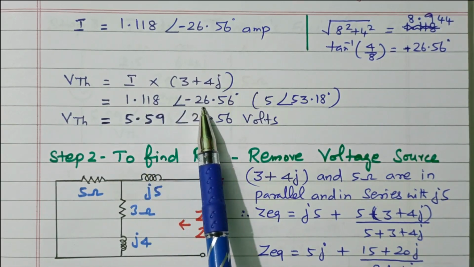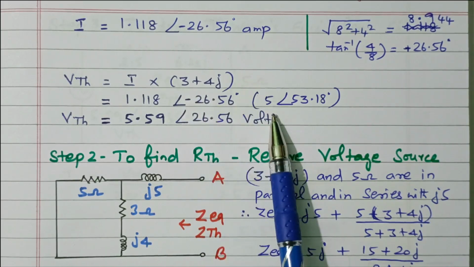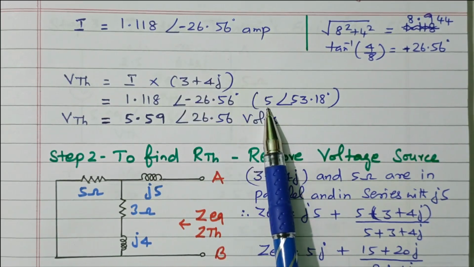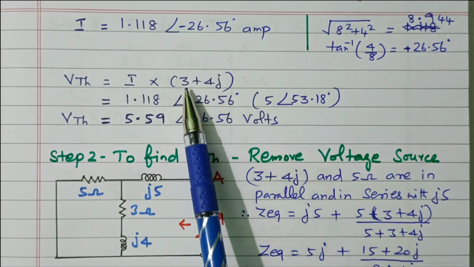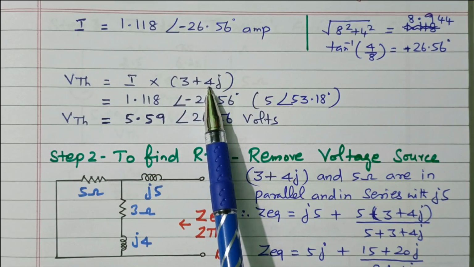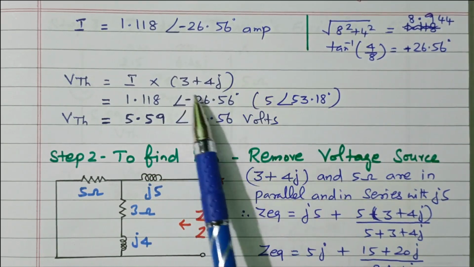So I is 1.118 with angle minus 26.56, into 3 plus 4J converted into polar form: 5 angle 53.18. This 5 is the square root of 3 squared plus 4 squared, and this 53.18 is tan inverse 4 by 3.